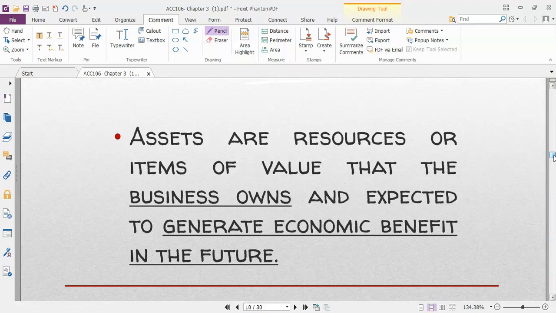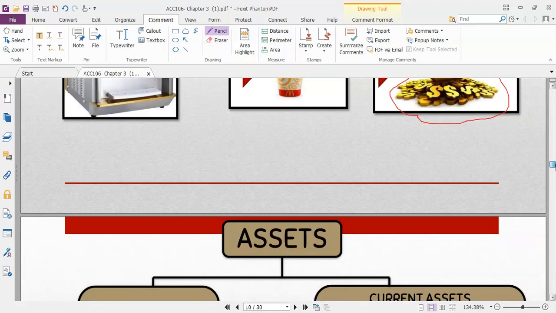Mestilah kepunyaan business, barulah dia nama asset. Maknanya kita gunakan duit kita untuk beli aset. Gunakan duit business untuk beli aset. So, business own. Tak bolehlah orang lain punya. Okay, kalau kita pinjam pada orang lain, itu bukan aset. Kalau kita pinjam, maknanya itu liability. Itu item ataupun elemen yang lain. Okay.